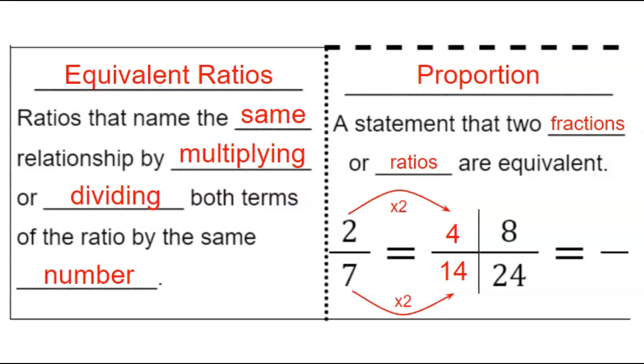So proportionally increased, that 2-to-7 ratio could be 4-to-14. Likewise, if we have 8-to-24, we can proportionally change this by dividing by 4, and that 8 becomes a 2. And if we divide by 4 on top, we divide by 4 on bottom, and we get 6. So even though 2-to-6 is not in the simplest form, that is still proportional to 8/24.